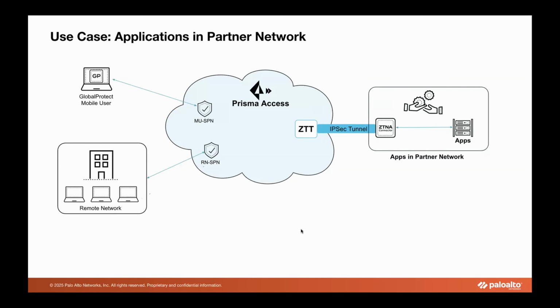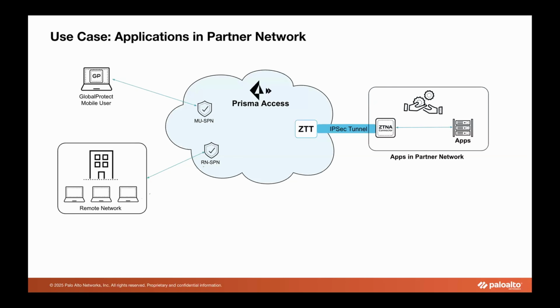Now, the next use case is applications in partner networks. Sometimes you need to identify and access applications in partner networks, and ZTNA connector can do that. If you have overlapped subnets in partner networks, a ZTNA connector definitely helps you take care of that as well. And we also have Prisma Access browser-based integration with ZTNA connector, which lets you handle private apps in partner networks.